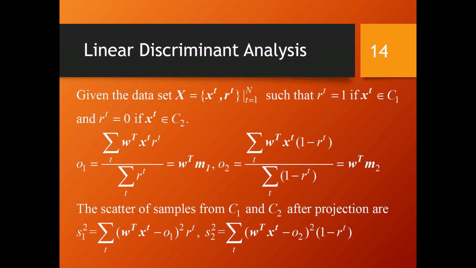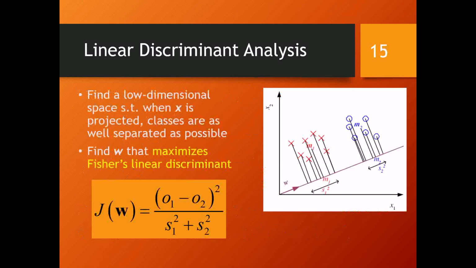We calculate the mean of class 1 and the mean of class 2. Why do we want to do that? Because we want to design a dimensionality reduction approach to maximize this feature's linear discriminant, to maximize this equation.